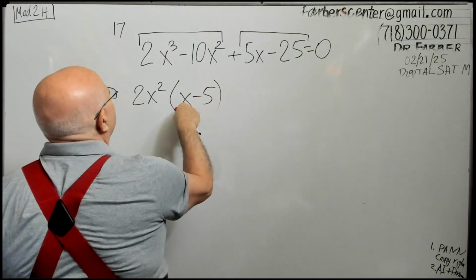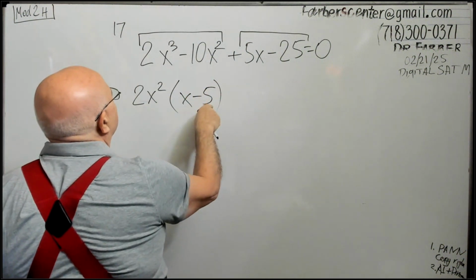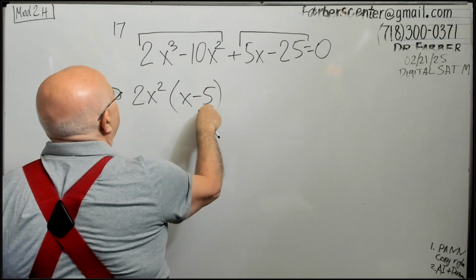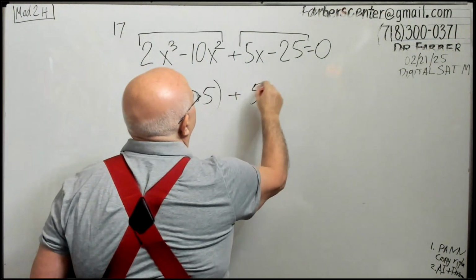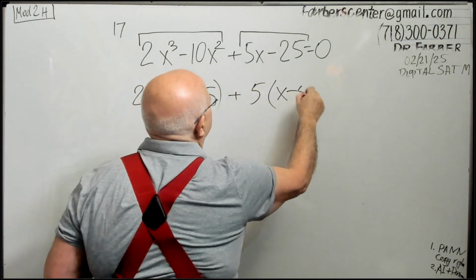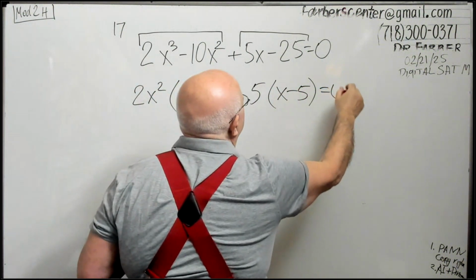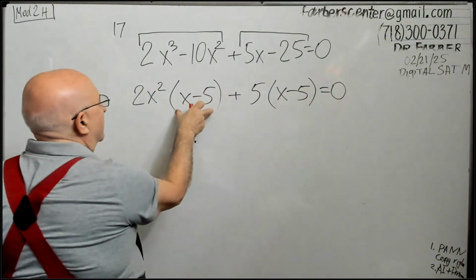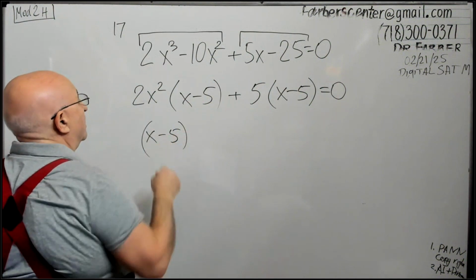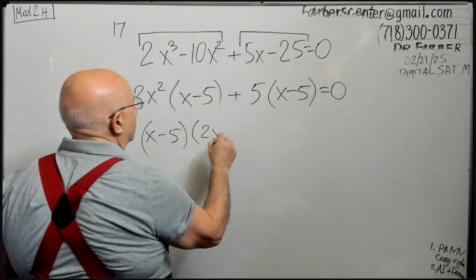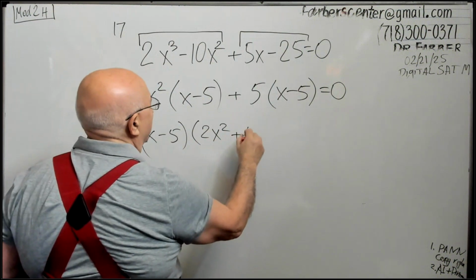Check it. 2x cubed minus 10x squared, right. Plus 5 times x minus 5. Beautiful. Now we have the same two guys. I put x minus 5, factorize one more time. And 2x squared plus 5 equals 0.